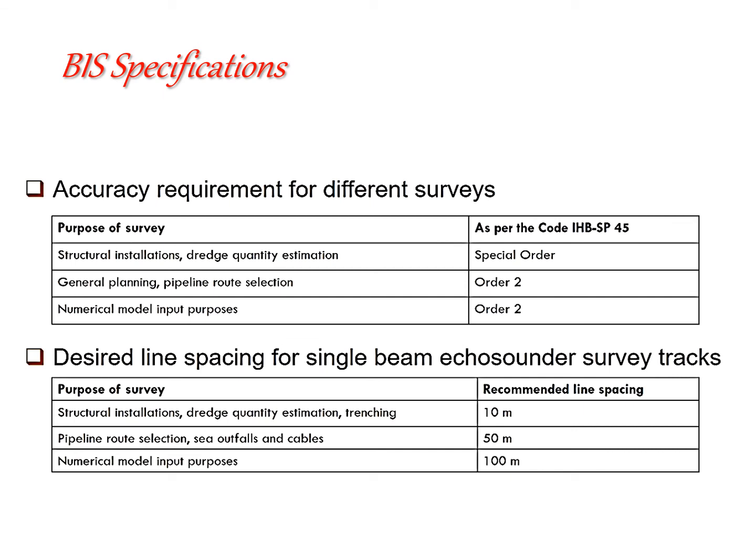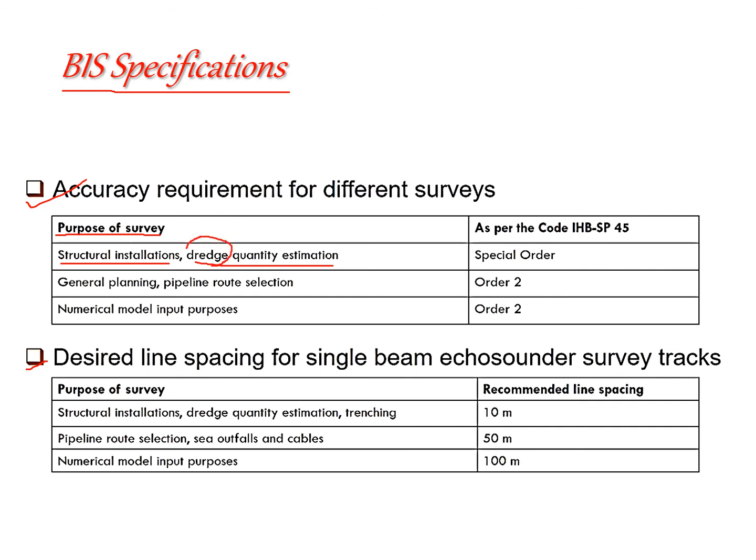Now we will see what the Bureau of Indian Standard Specification says about the accuracy required for different surveys and the desired line spacing for single beam echo sounder survey tracks. These standards follow the purpose of the survey. First, structural installations and dredge quantity estimation.